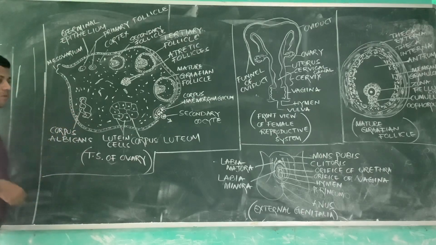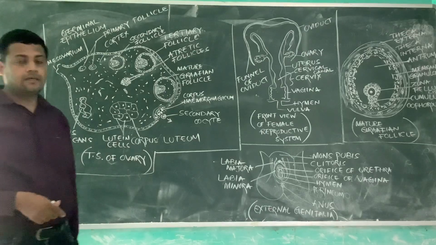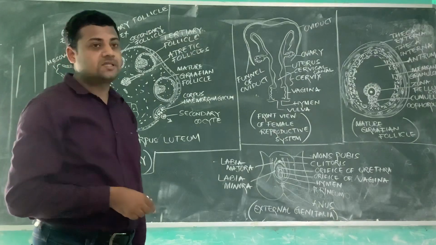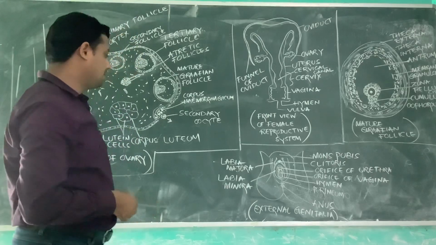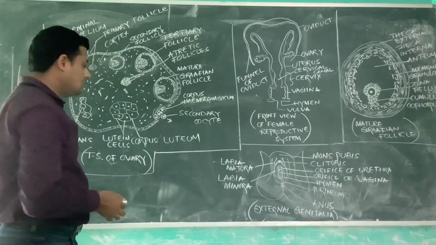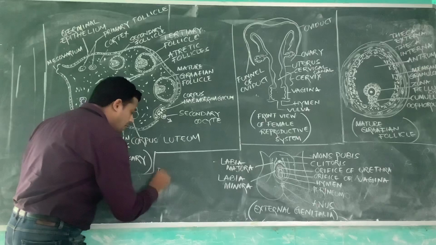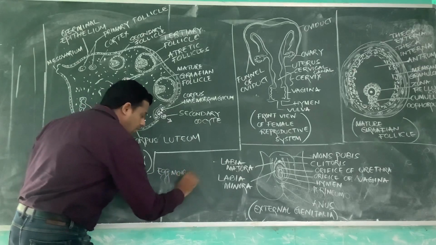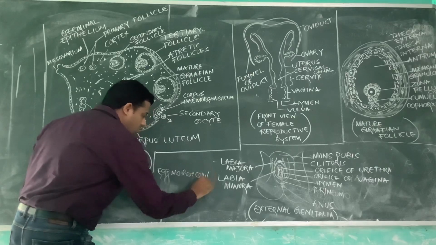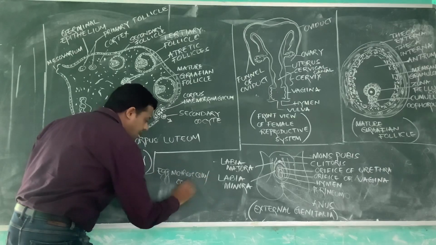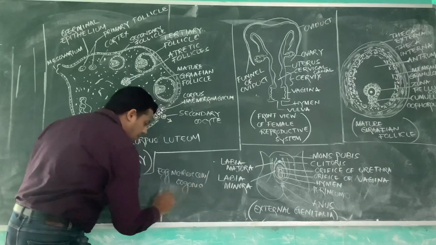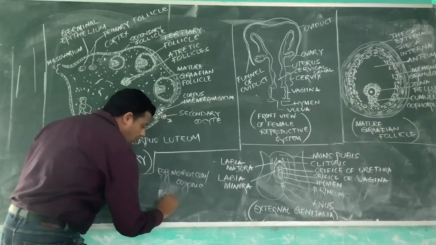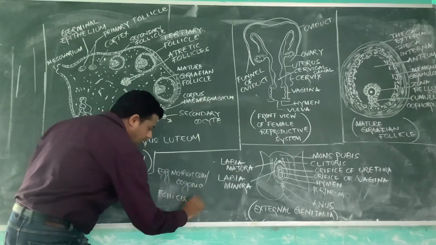Each primary germ cell divides mitotically to form a number of egg mother cells or oogonia, and also follicle cells.